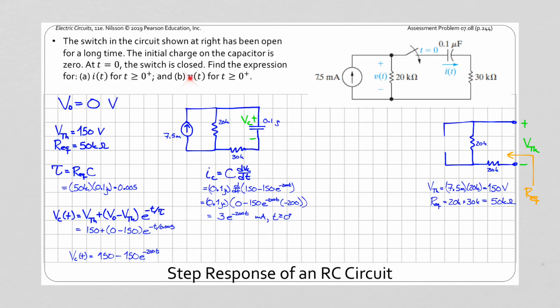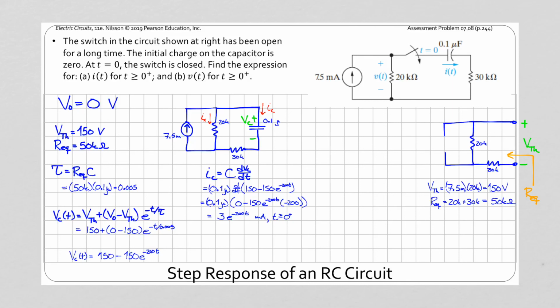Then we're asked for V of t, the voltage across this resistor here. Well, we know the capacitor current is flowing this way. The capacitor current is defined in passive sign convention. We know the current flowing here, so if we can find the current flowing through that 20 kilo ohm resistor, then we can find the voltage across it.